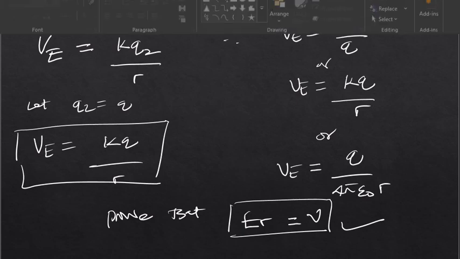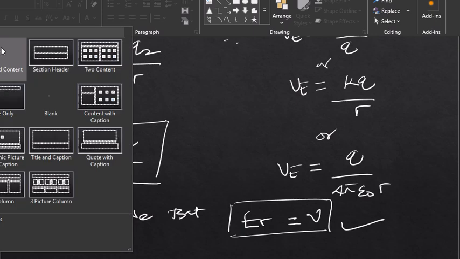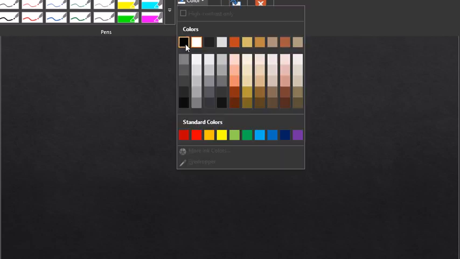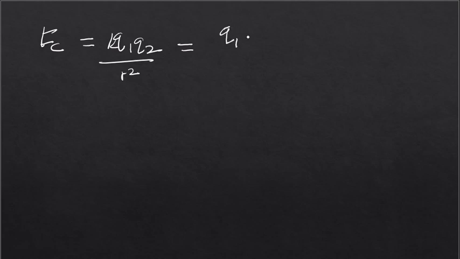So before I round up, just to summarize the whole thing that we have done today: FC is equal to Q1Q2 divided by R squared, and is equal to Q1Q2 divided by 4 pi permittivity of free space multiplied by R squared.